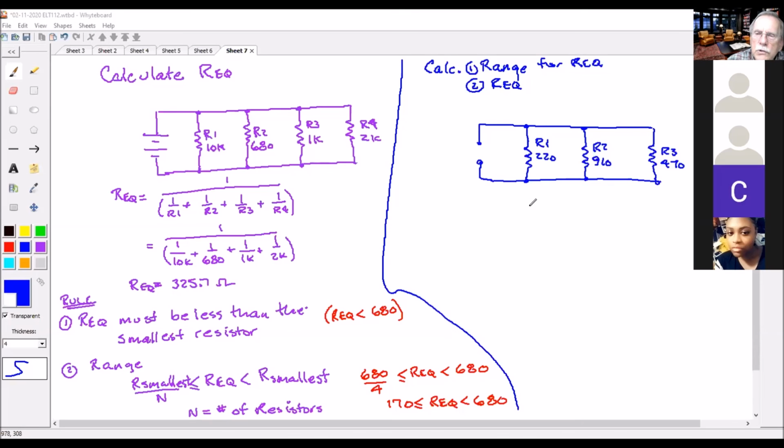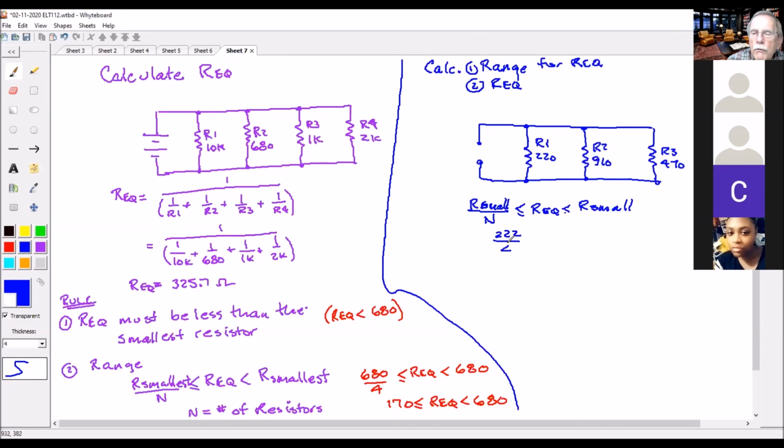So the range, REQ, has to be less than or equal to R, let's call it R smallest, over N, and less than R small. So our smallest resistor of the three is 220.